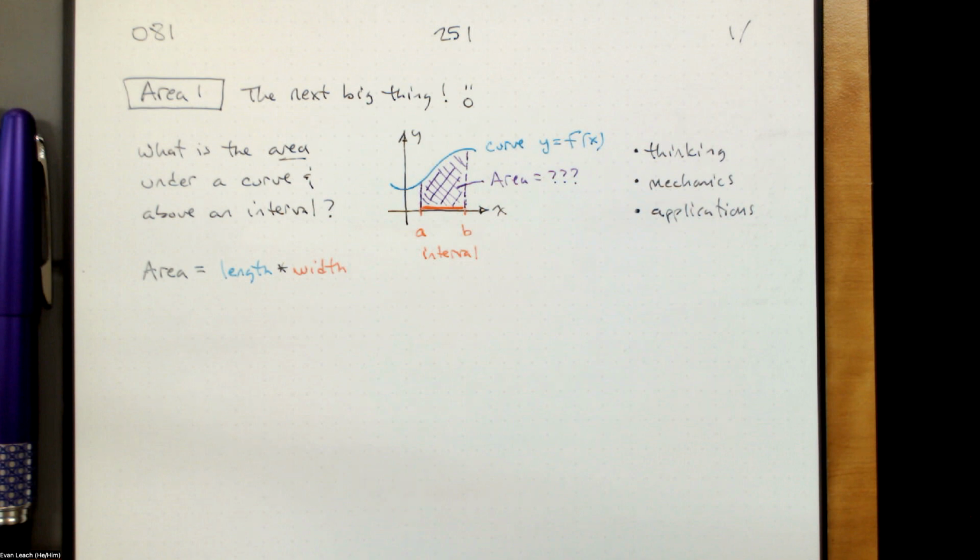What this requires is that the length is constant for the whole width. We get to multiply if the length is constant.